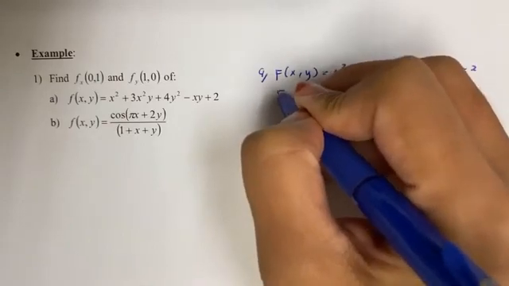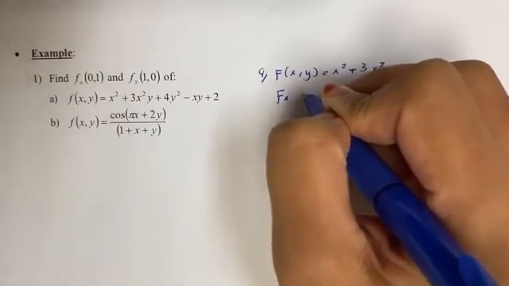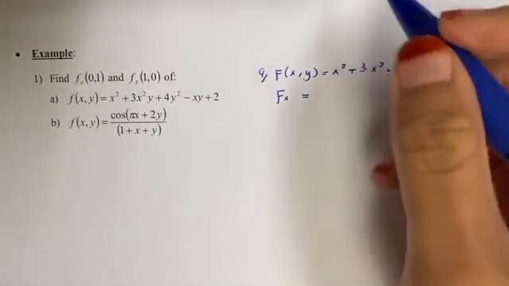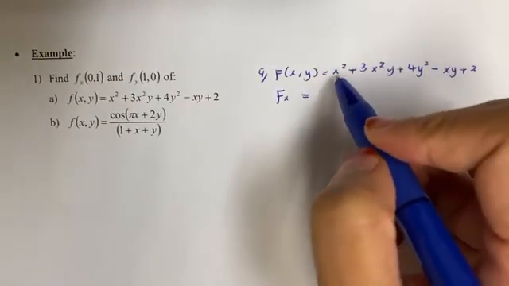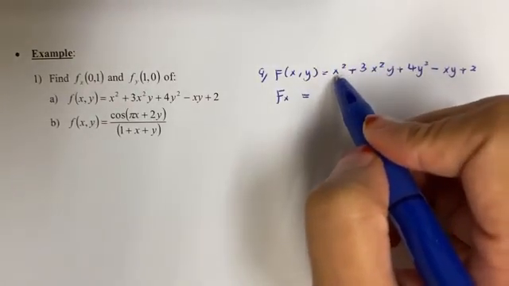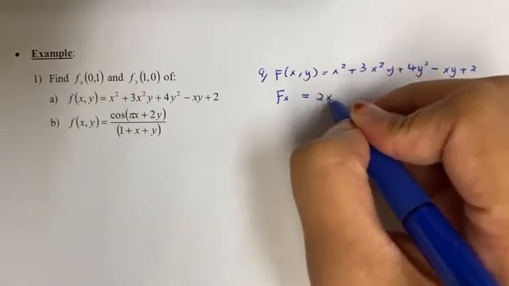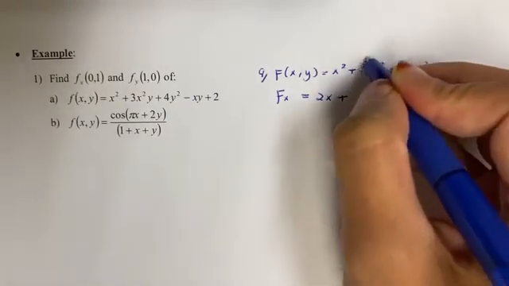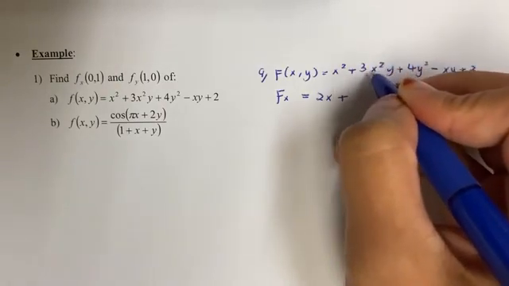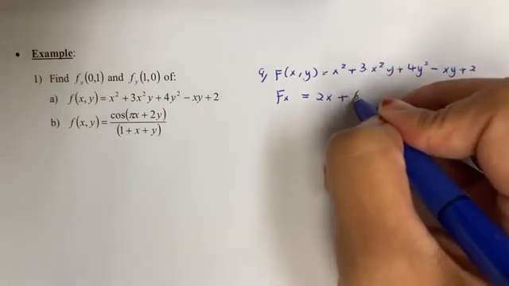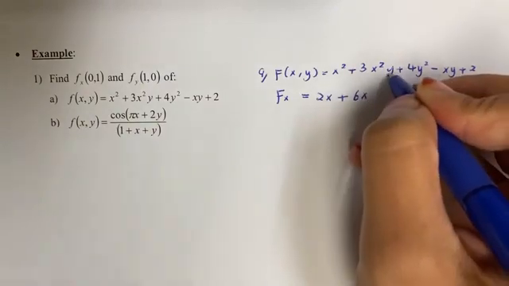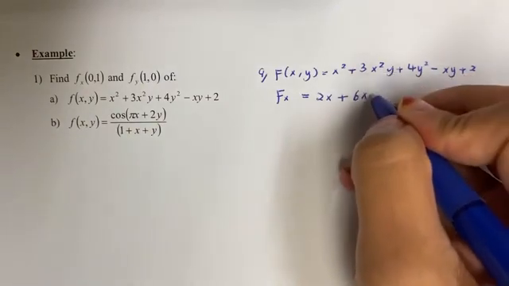So to find fx, differentiate with respect to x. Here you have x squared, so differentiating x squared gives 2x. Then 3x squared y becomes 6x, and assuming y is constant, just keep the y.